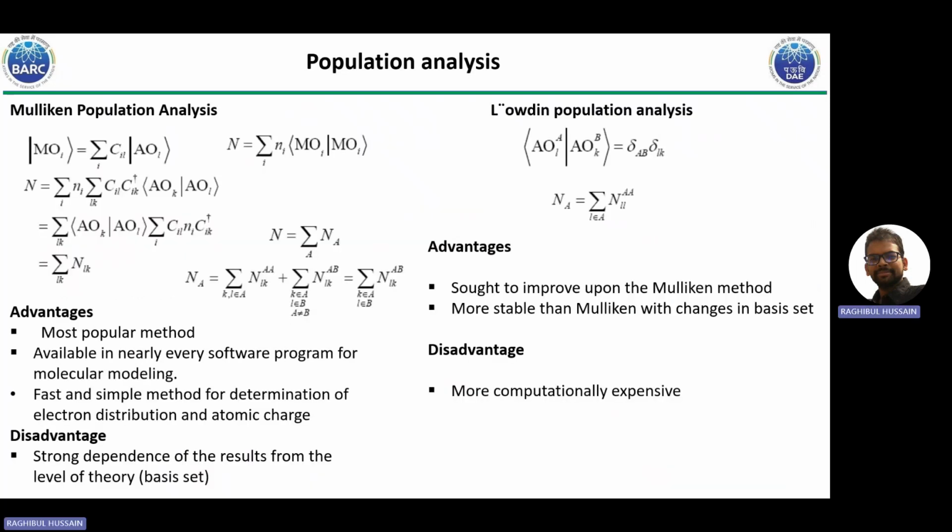Now, molecular population analysis, I will give a bit of detail. What does it do? It is a very simple thing, and people think it is very complicated. Already I have shown you how a molecular orbital is constructed, with coefficients and atomic orbitals.